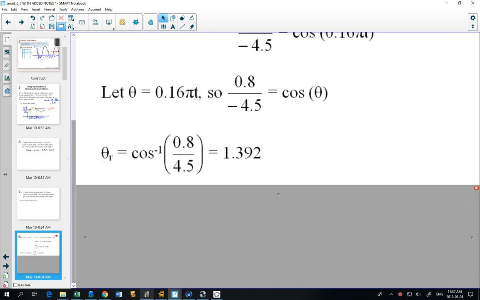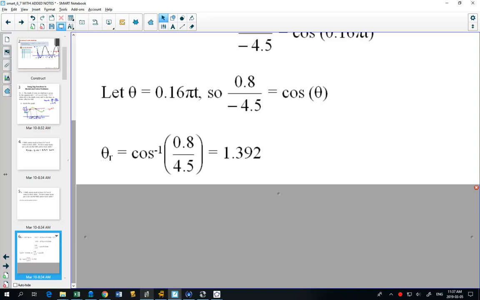You would first find your reference angle, and whenever finding a reference angle, we always do cos inverse of the positive value. Since we're dealing in radians, my calculator is set in radians, and I find my reference angle is 1.392.